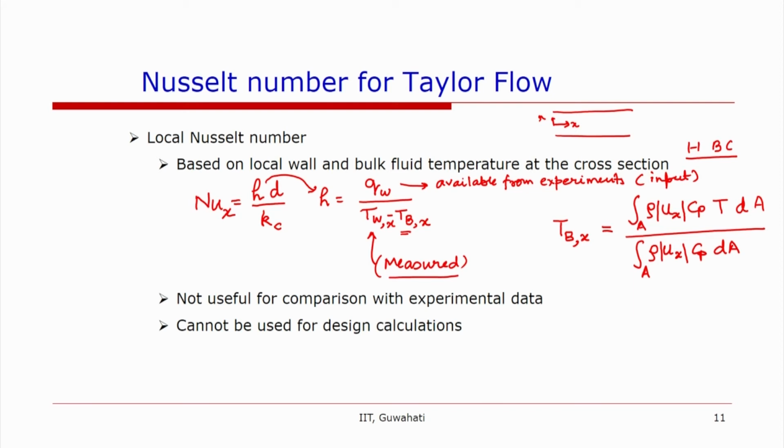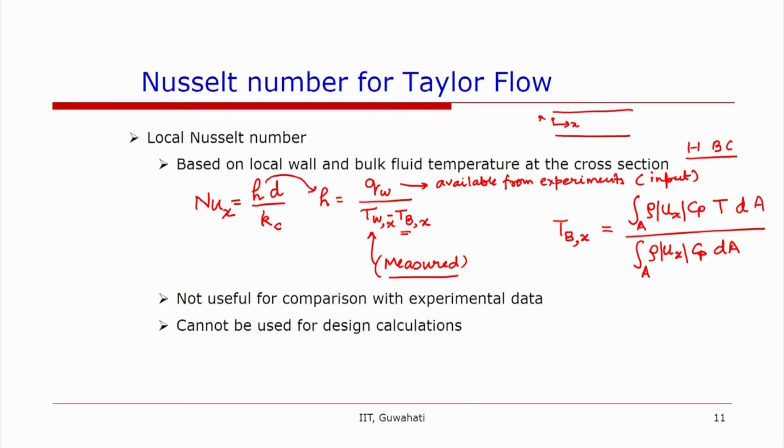However, this is good if you want to do computations and we can get the local Nusselt numbers at different locations in the channel. But if we want to compare this with the experimental data, with the techniques available now, we can get the wall temperature locally, but it will not be possible to get the bulk temperature with the same definition.